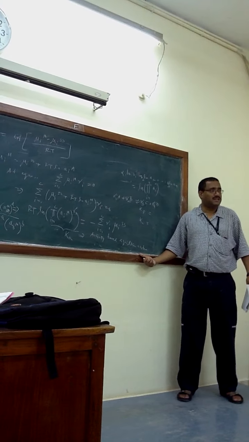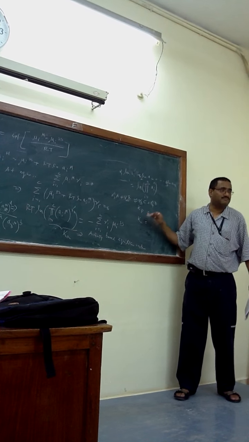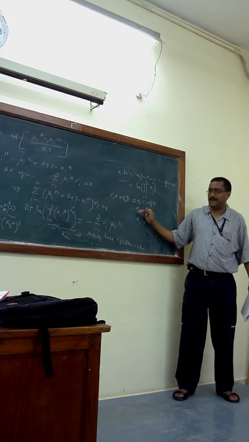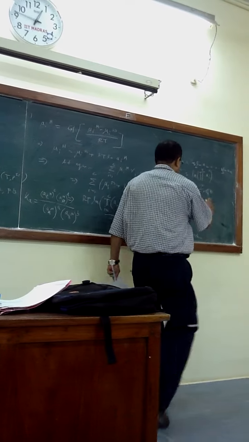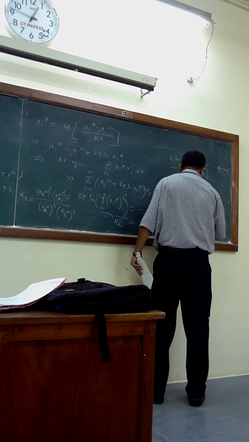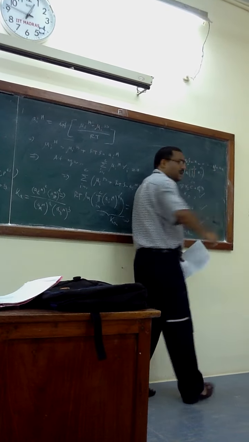We have the equilibrium constant based on concentration and based on partial pressure, and the same kind of definition is valid here. So we have learned Kp, we have learned Kc, we have learned Ka. Correct?